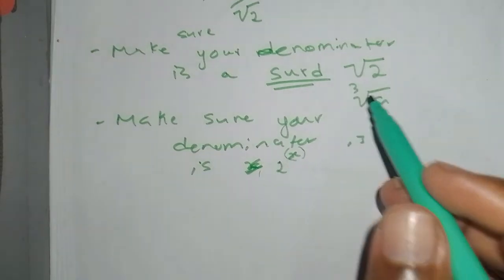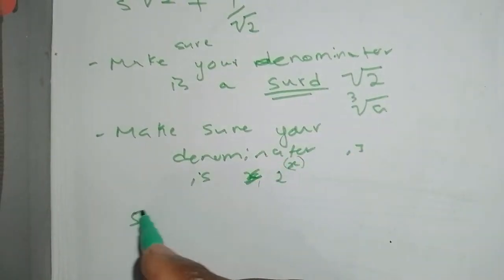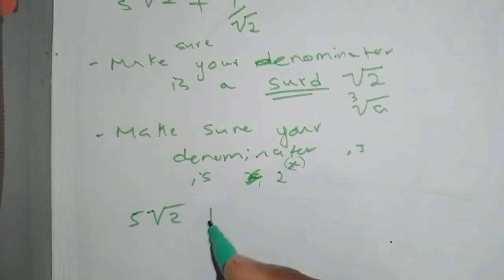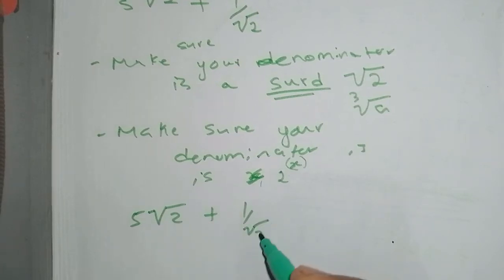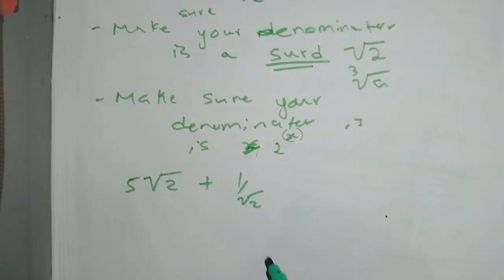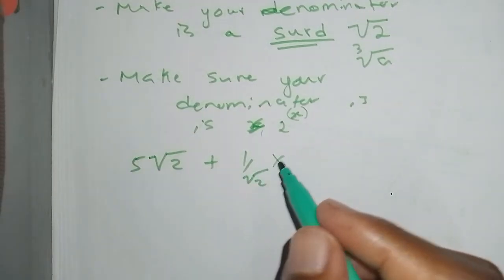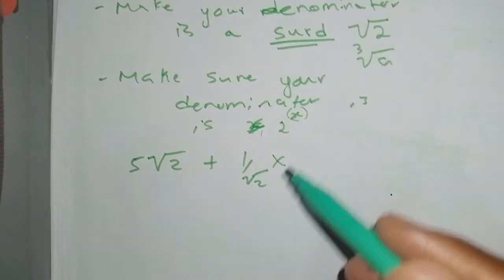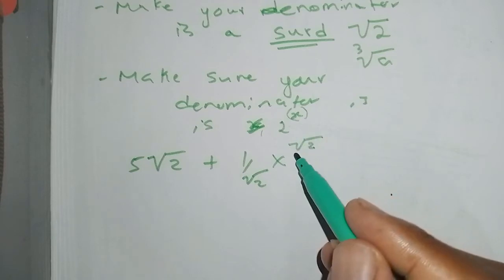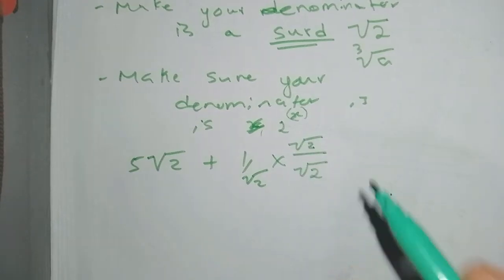So in this case, we have 5 root 2 plus 1 over root 2. We need to remove this surd from the denominator. What am I going to do? I'm multiplying by the reciprocal of this, by root 2 over root 2.